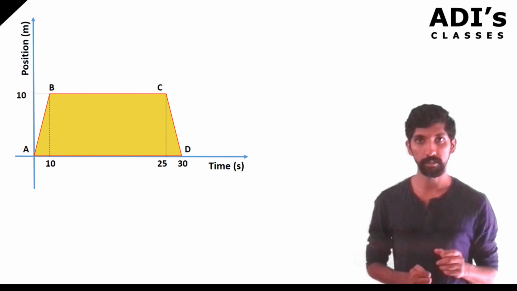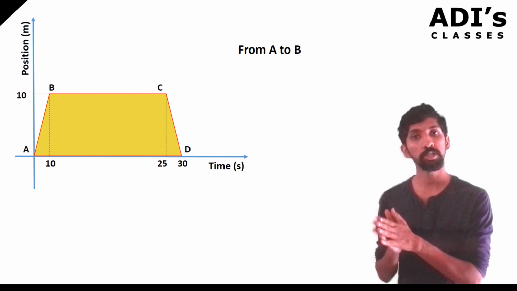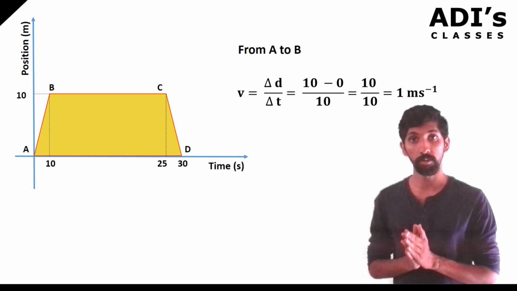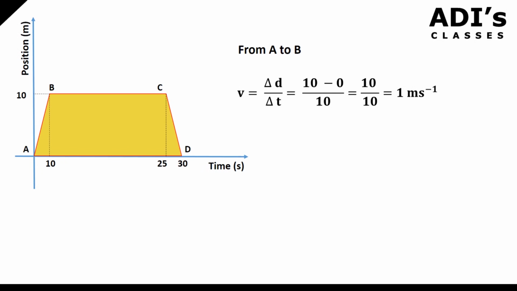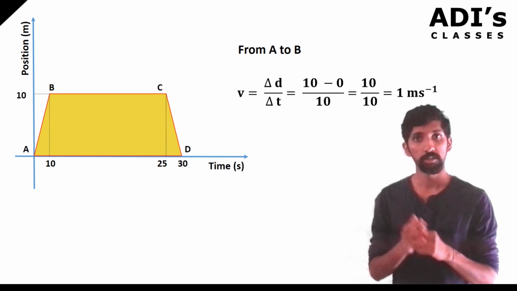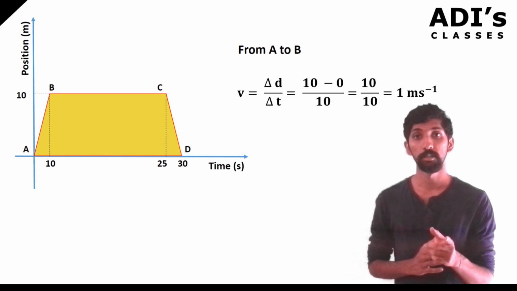or we can call it 10 meters. So 10 minus the initial position, which is 0, divided by the time taken, 10 seconds. 10 minus 0 is 10, and 10 by 10 gives you 1.